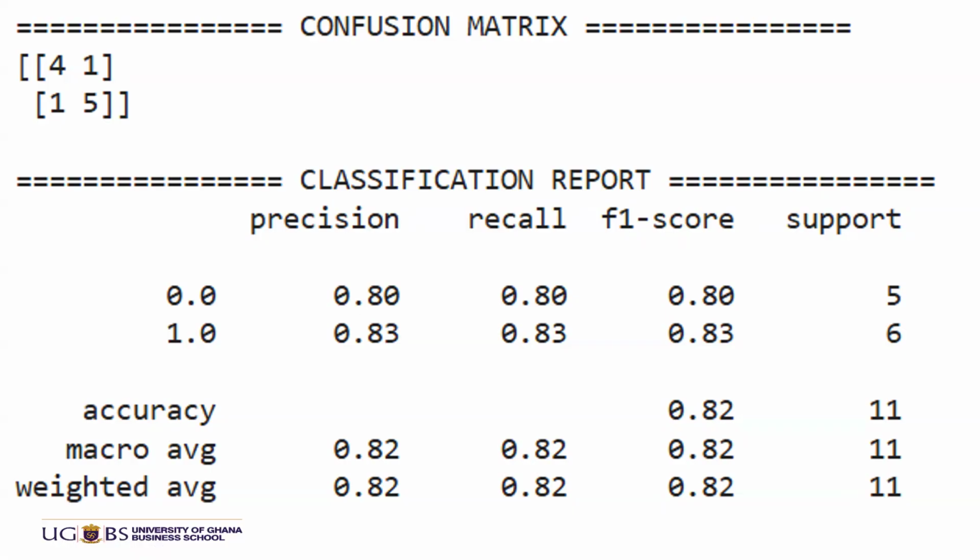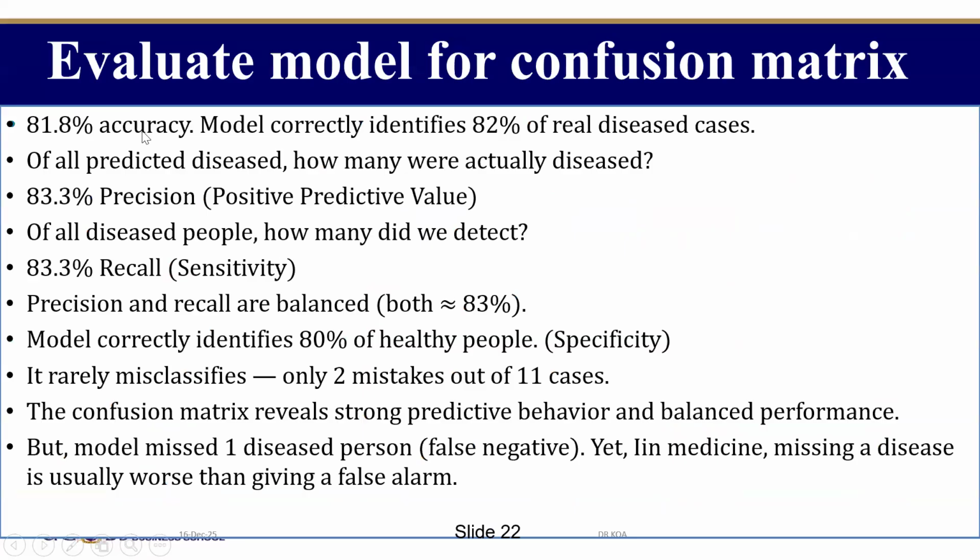But what do they mean generally? So we can conclude by saying that here, 82% accuracy indicates that the model correctly identified 82% of the real disease cases. And out of all the predicted cases, how many of them were actually diseased?